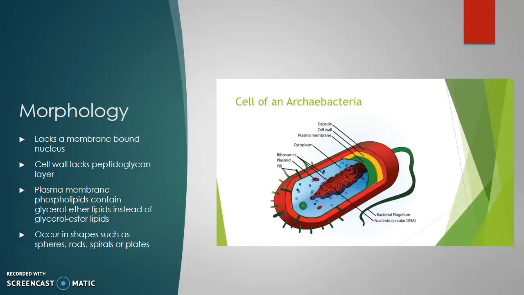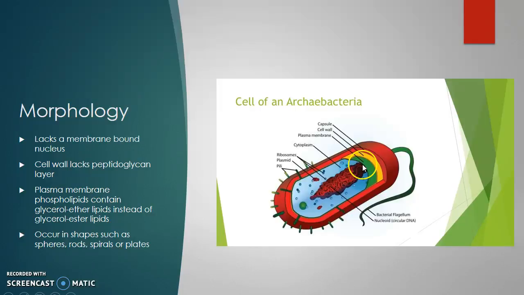We all know that eukarya contain a membrane-bound nucleus, a very defined nucleus in the center of the cell. The way that archaea differ from bacteria is here in the cell wall, labeled in yellow. The cell wall of archaea lacks a peptidoglycan layer, which all bacteria are known to have.